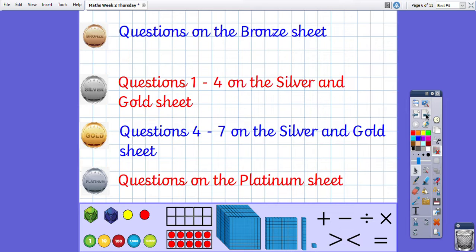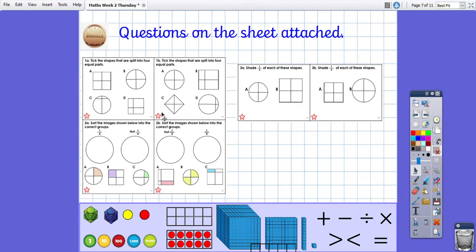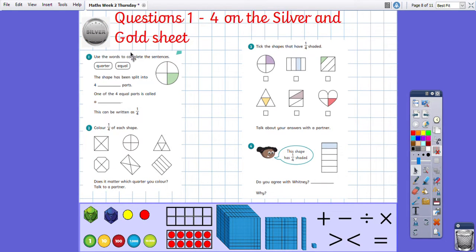Okay, so today, bronze, you have got to tick the shapes that are split into 4 equal parts on these questions, sort the images into the ones that are showing 1/4 and the ones that are not 1/4, and then you need to do some shading on the shapes for me. Silver, you are doing questions 1, 2, 3 and 4 today.